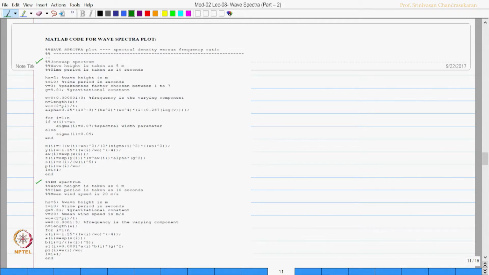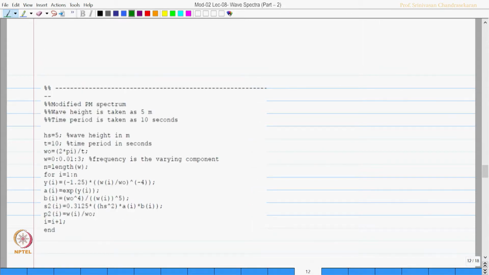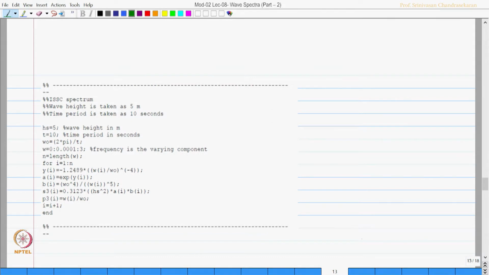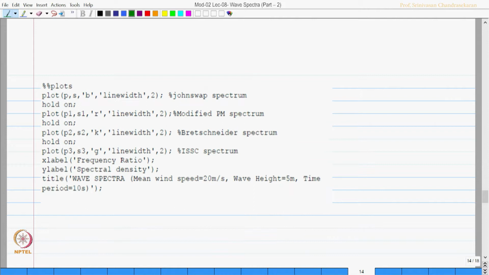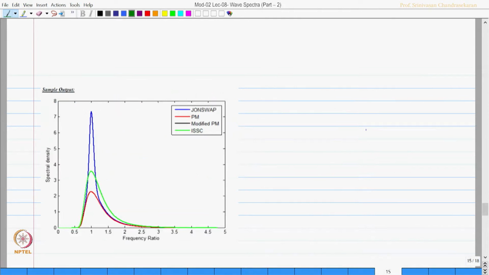You will be able to plot the PM spectrum. You can also plot the ISSC spectrum and compare them for a specific mean wind speed of 20 meter per second, significant wave height of 5 meter and time of 10 seconds, whose typical plot looks like this.